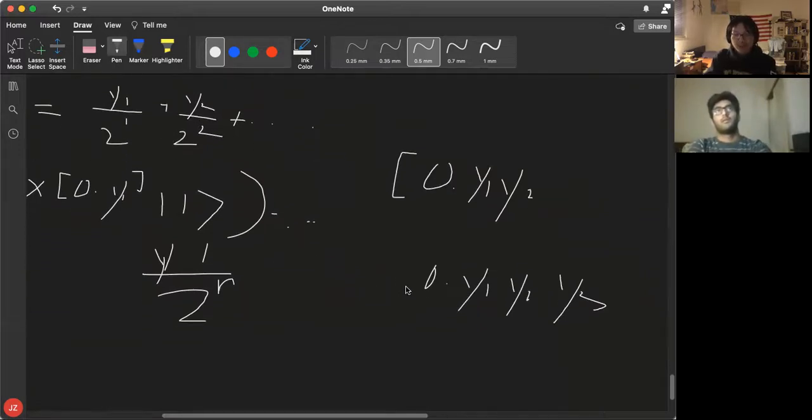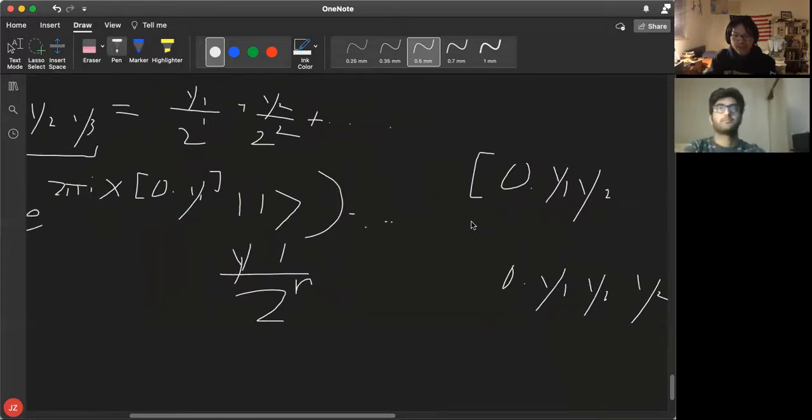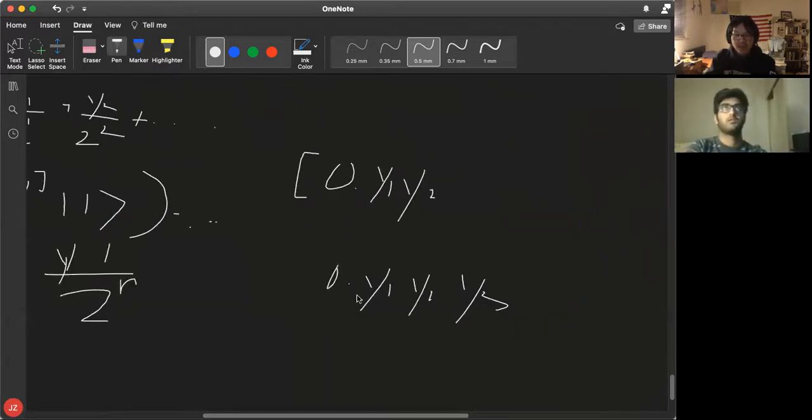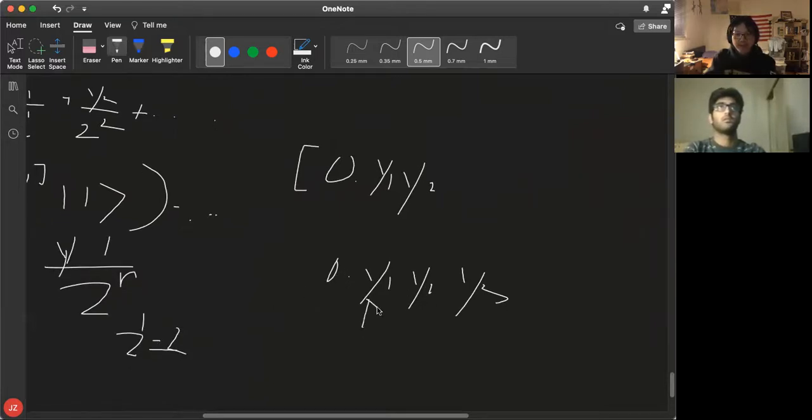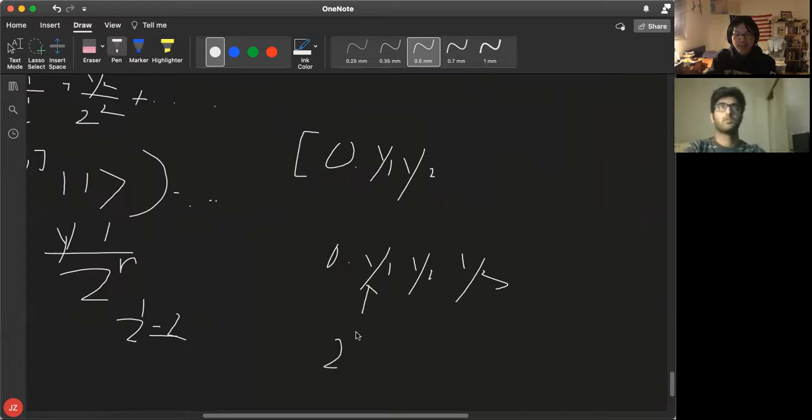So that's all we're doing here. And the reason why for each term we go from y sub 1 for the first, and then y sub 1, y sub 2 for the second, and then the third and its exponent would have y sub 1, y sub 2, y sub 3, is because now we're going from 2 to the 1, which is just equal to 2, and then from here you would get 2 to the 2.